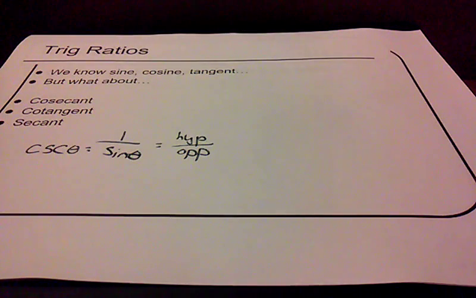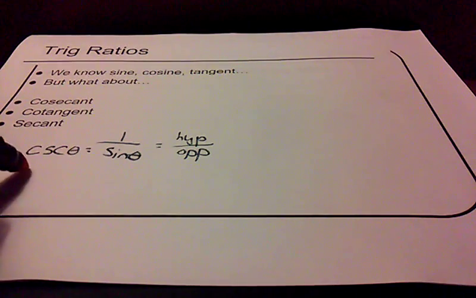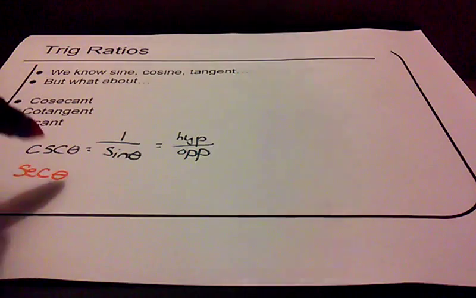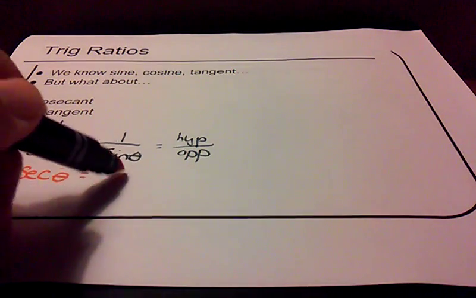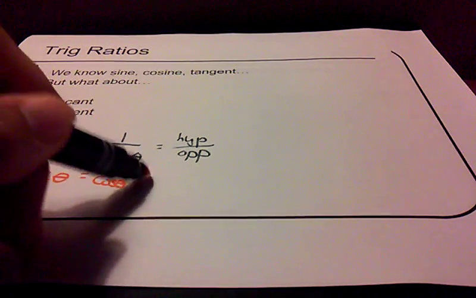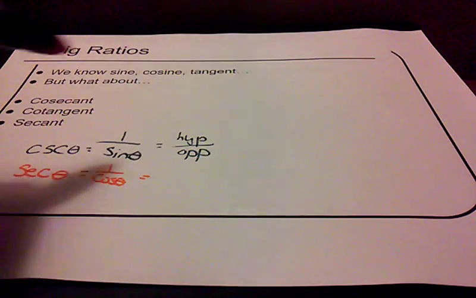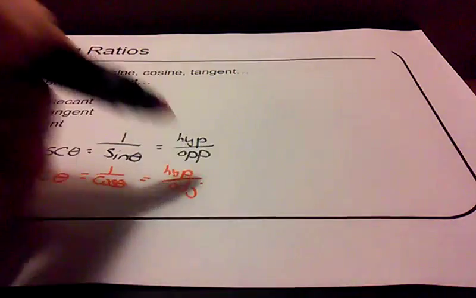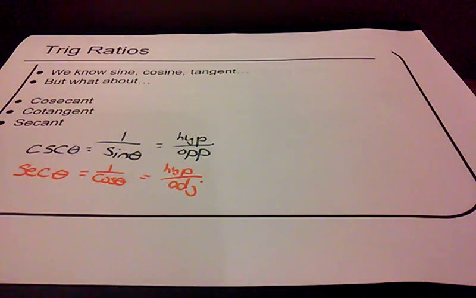All right, you're probably seeing where this is going. Since cosecant is the reciprocal of sine, guess what secant is? Secant is represented by the letters SEC, and you guessed it, secant is the reciprocal of cosine. So, since cosine is adjacent over hypotenuse, secant is hypotenuse over adjacent. All right, the last one's not too hard to guess.